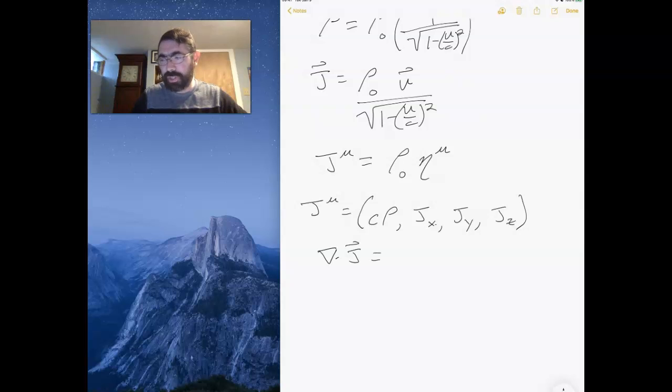The divergence of this spatial part of the current is equal to minus the time derivative of the charge density.